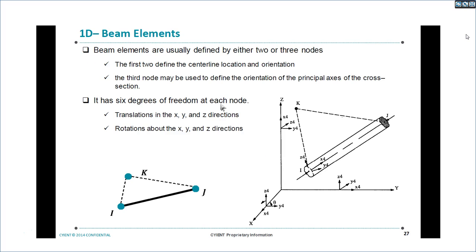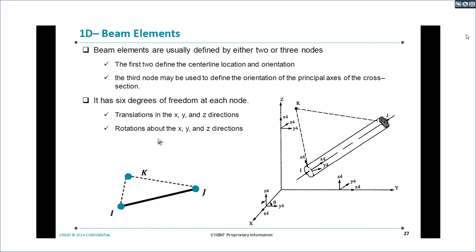So coming to 1D beam elements, they typically use either 2 or 3 nodes. The first nodes define the center line, and the third node may be used to define the orientation of the principal axis of the cross section.